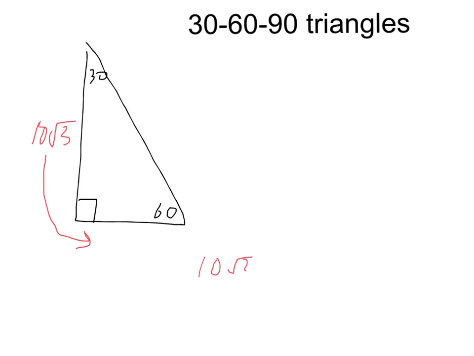So that's 10 rad 3 divided by rad 3, and the rad 3's cancel, and we're left with 10. Short leg to hypotenuse is double, so that's 20. So with almost no work, we're able to determine the other two sides of the triangle. That's all for now. Thanks.